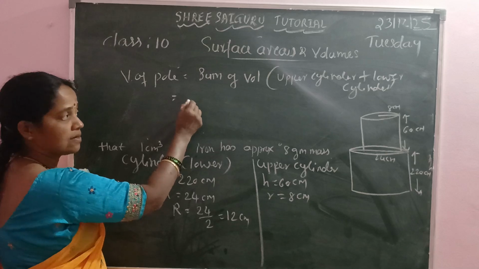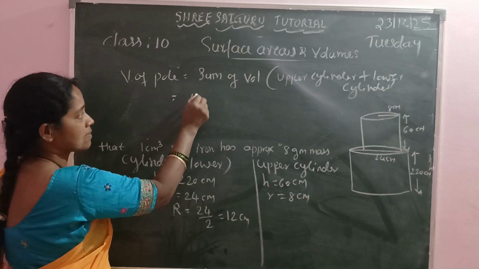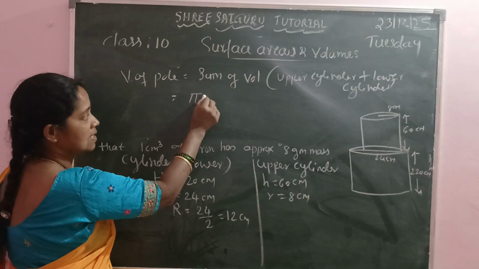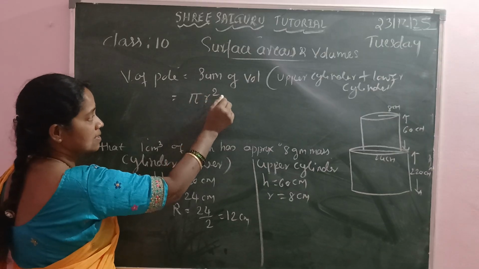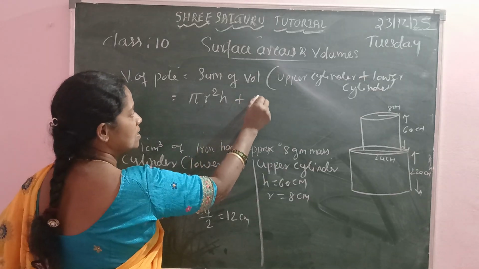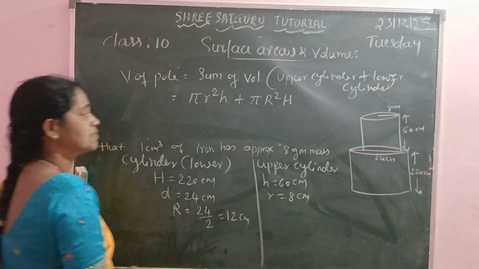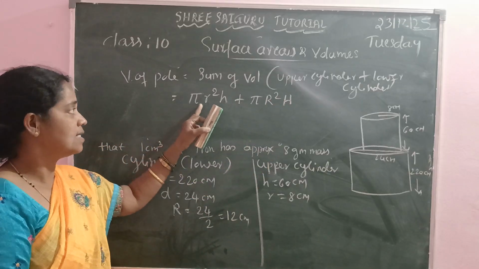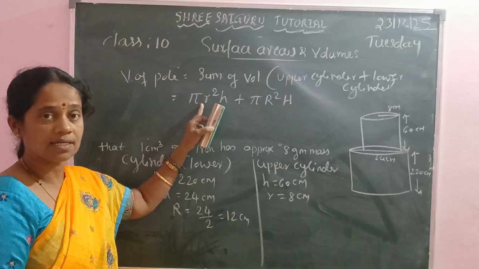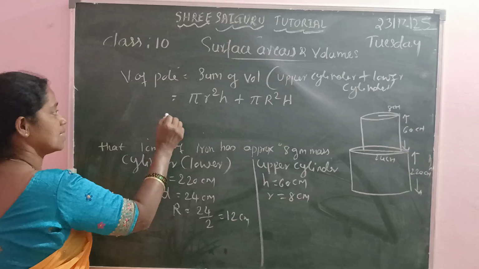What is the volume of a cylinder? Pi r square h. Here small r and small h for the upper cylinder, plus pi R square H, with capital R and capital H for the bigger cylinder.